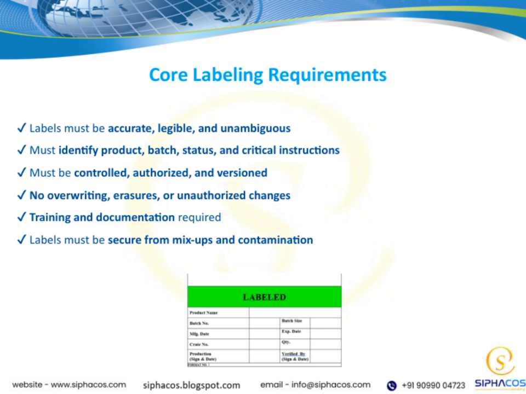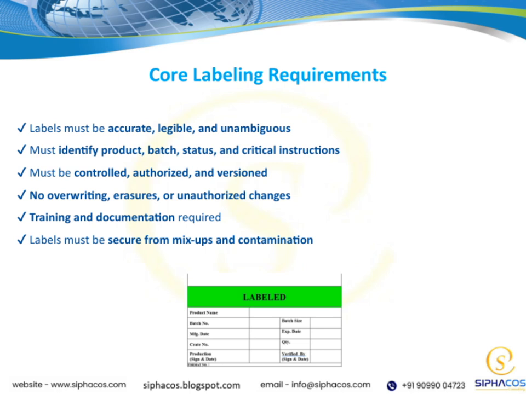It's also important that labels are controlled, authorized, and properly versioned. This helps us keep track of updates and prevents the use of outdated or incorrect labels. No overwriting, erasures, or unauthorized changes should ever be made. This maintains the integrity of our labeling system. Training and documentation are mandatory to ensure everyone understands how to apply and verify labels correctly. Proper training reduces errors and enhances compliance.